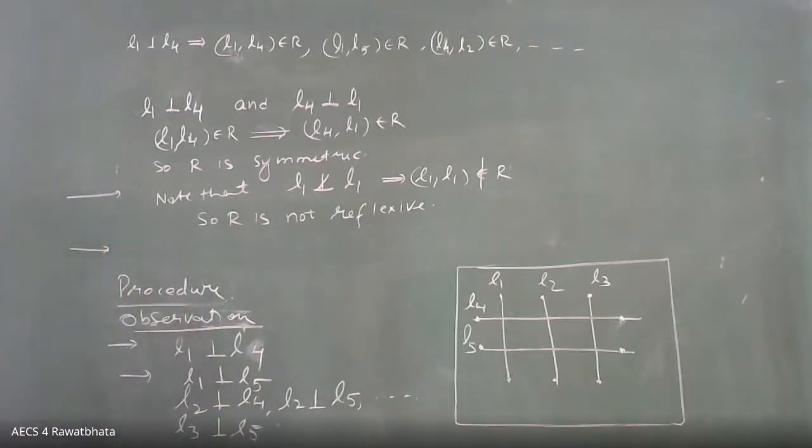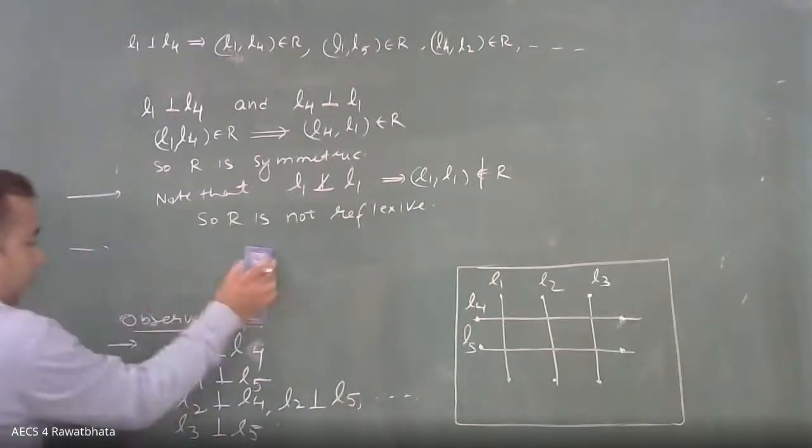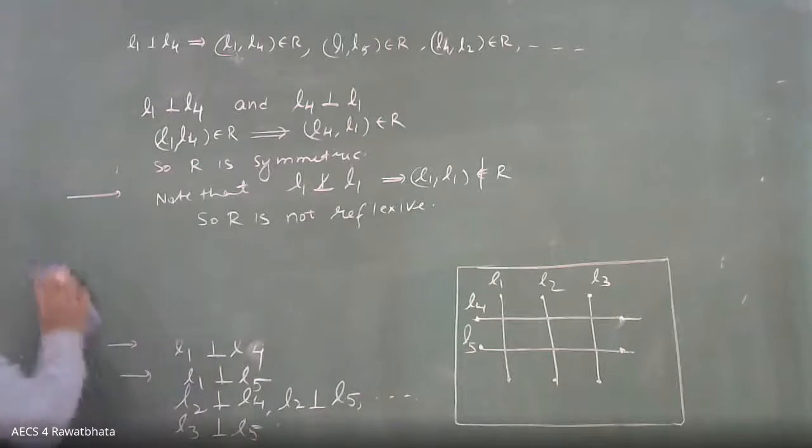And the third thing is transitivity. Now tell me one example so that I can write that it is not transitive. Any one of you? Aman Hussain, will you tell me? Aman, are you listening? Or Achal Sharma? Yes, sir. Yes, Aman.